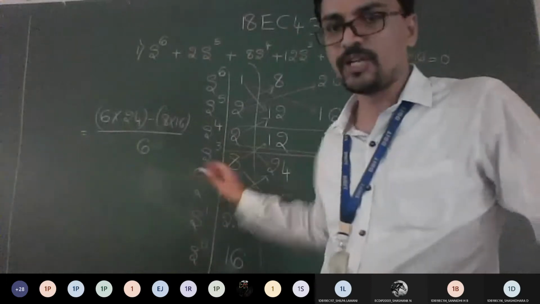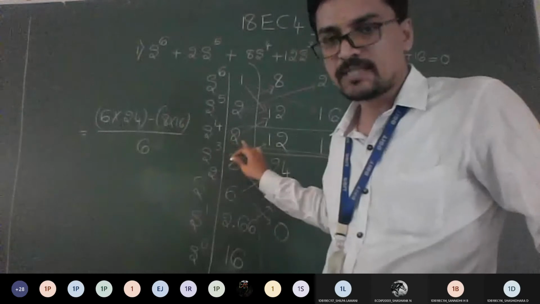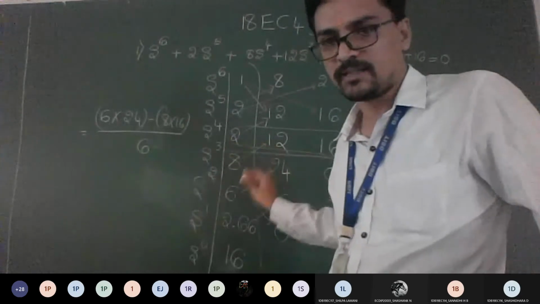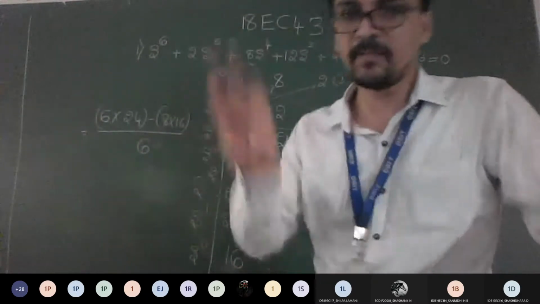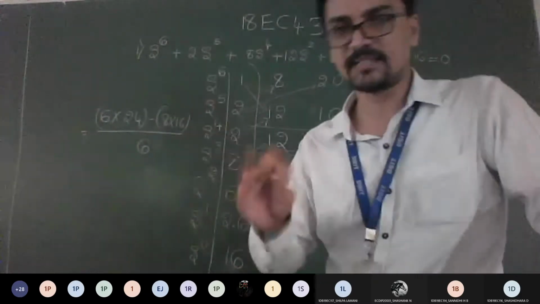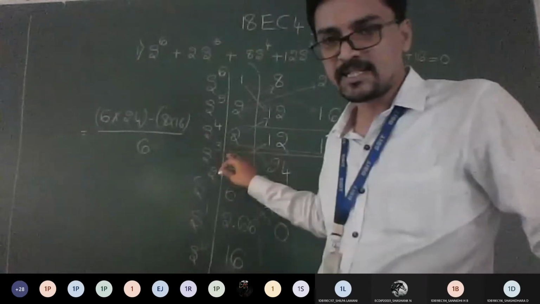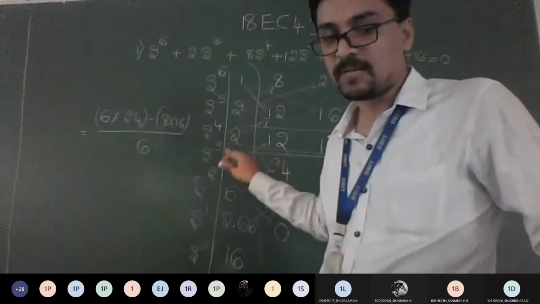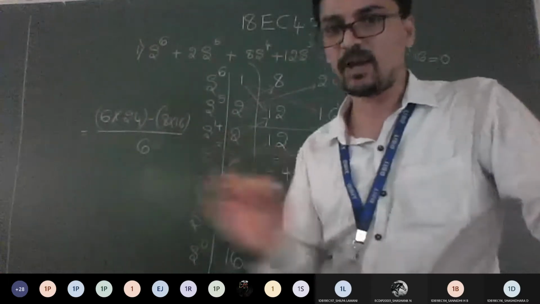Correct? So you need to make a statement that even though there is no sign change, the system may be stable. I won't say it is stable, because if I say maybe, it can be either this side or that side. That we'll discuss now. Underline this word may be along with stable.